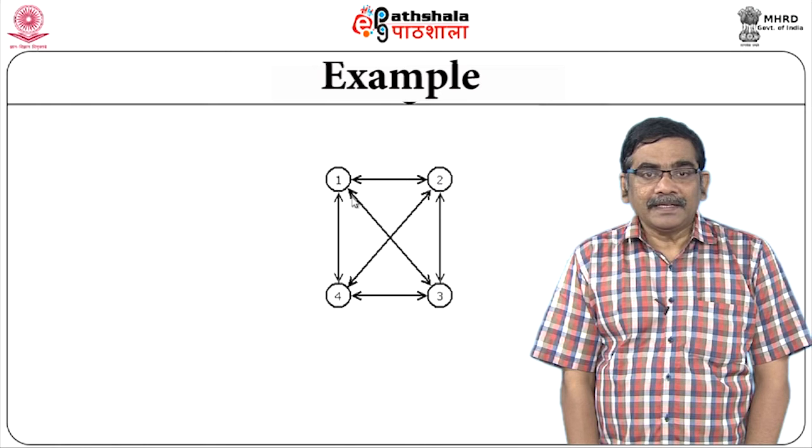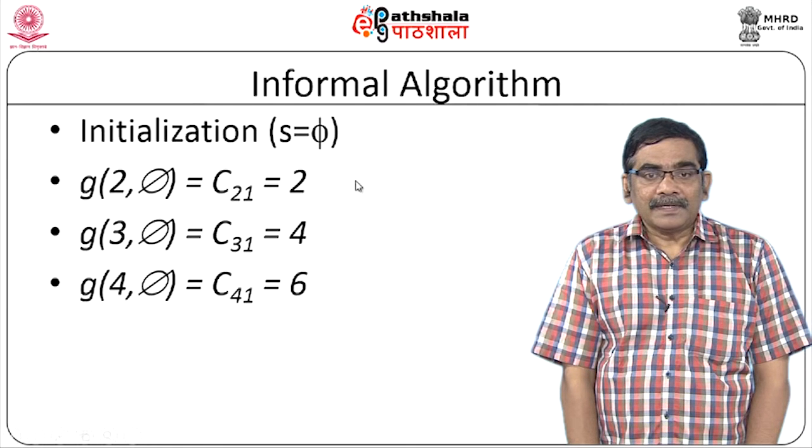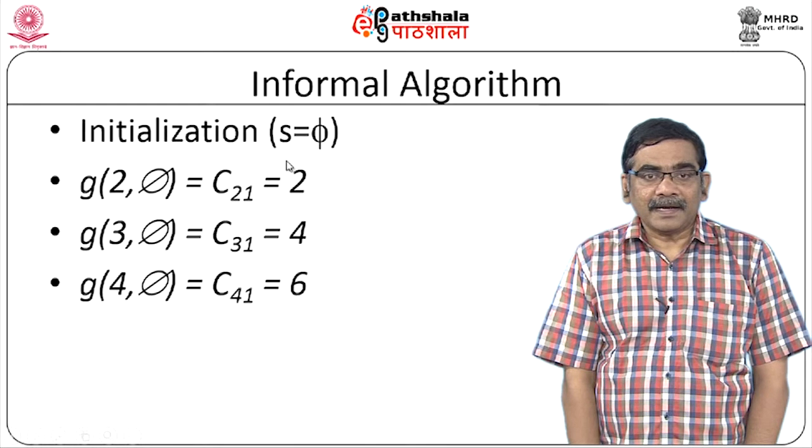So, I have to find the shortest path of the optimal tour. Now, I will start with S. Remember, I was telling you that S is nothing but the set of cities.